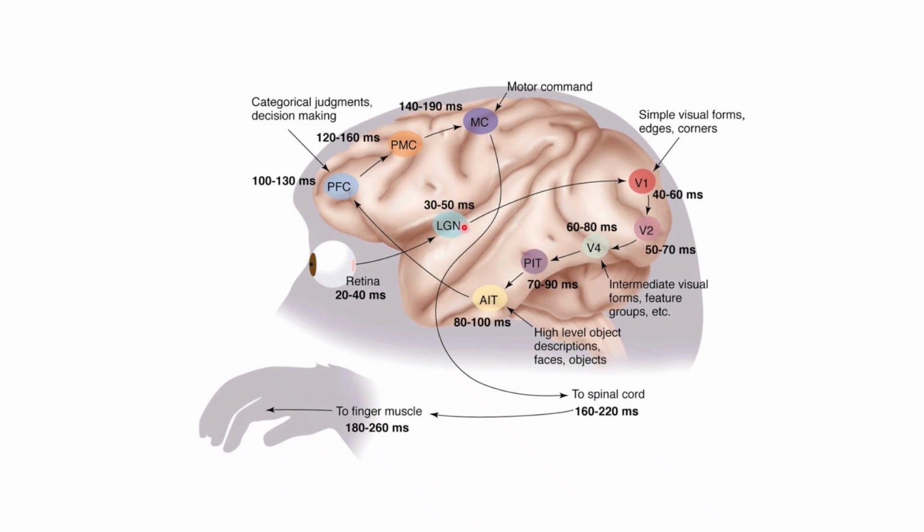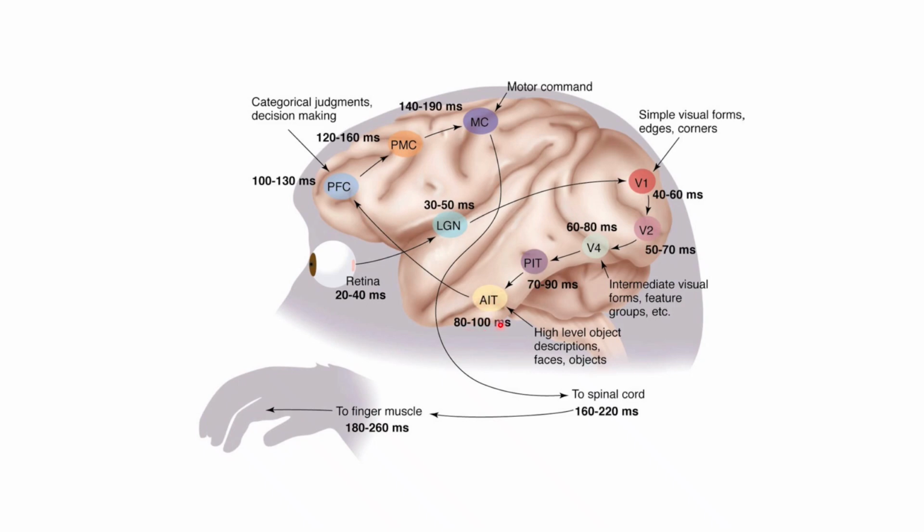And then the signal goes to the back of the brain, the visual cortex, where the signal is first processed in V1. By this time, 40 to 60 milliseconds have passed since the light came on the retina. And then it goes to V2, then V4, then the inferior temporal cortex, the posterior part, and then the anterior part. So by now about 100 milliseconds have passed.